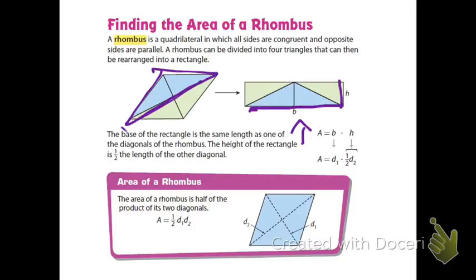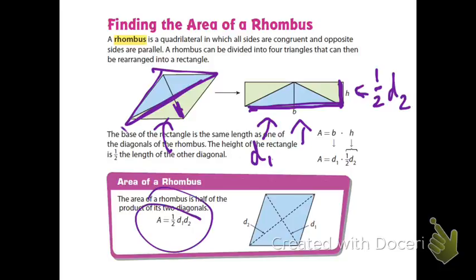So this base here is one of the diagonals. We'll call it D1. And then this height here, that's just half of a diagonal here. So this is 1/2 of the other diagonal. Okay? So that's how we get the formula 1/2 the first diagonal times the other diagonal.